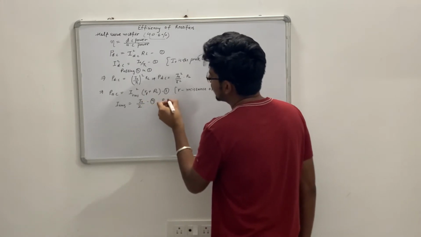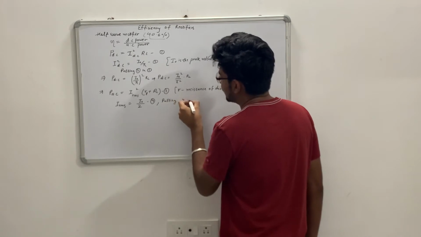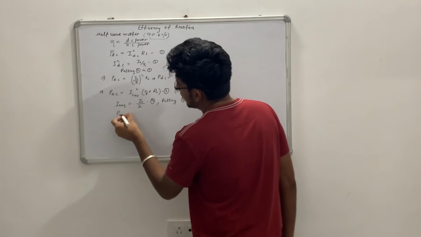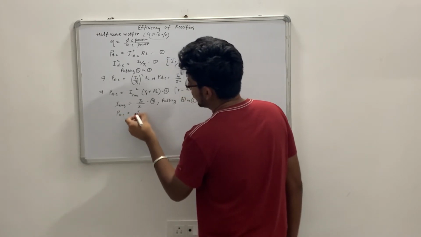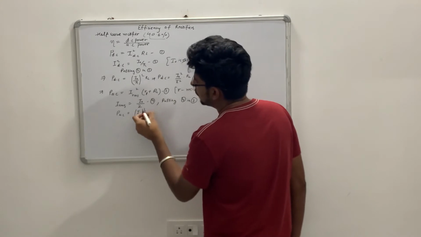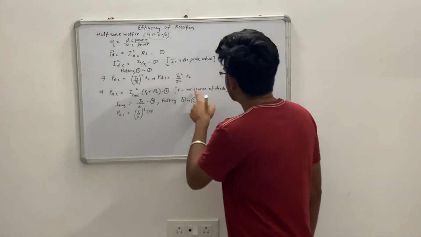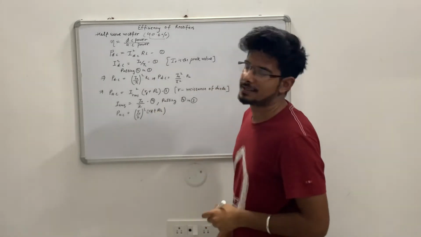Now putting 4 in 3, we get power AC is equal to I naught divided by 2 square into RD, that is our resistance of diode, plus RL, that is our load resistance.